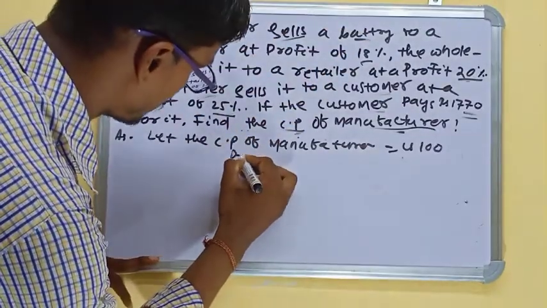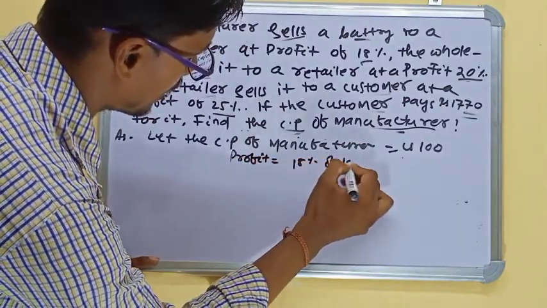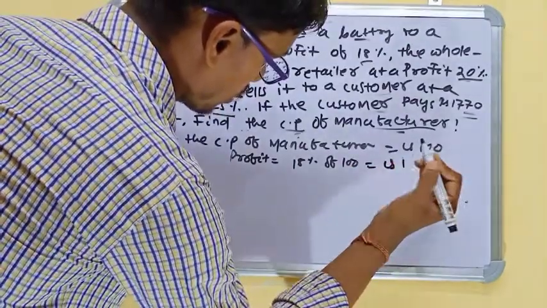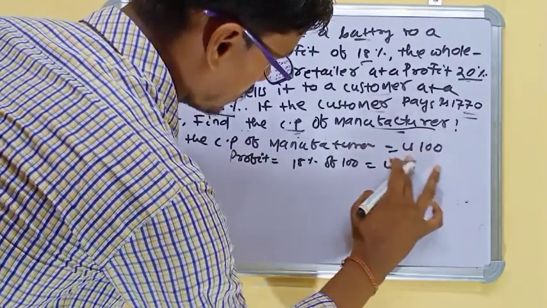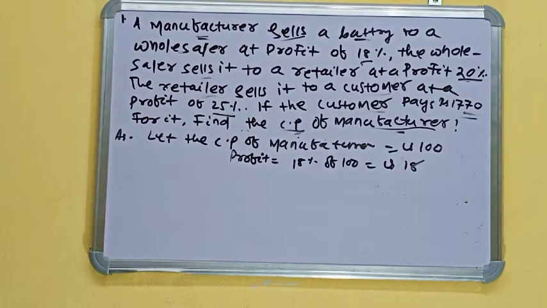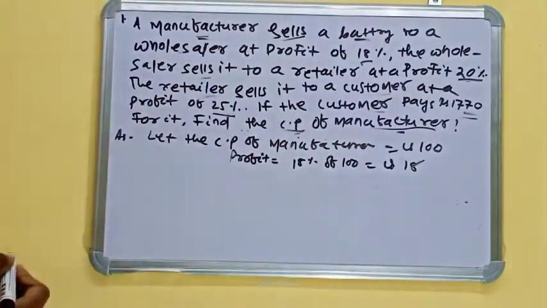Then profit is equal to 18% of 100, which is equal to rupees 18. The profit amount is rupees 18. The CP is equal to rupees 100.